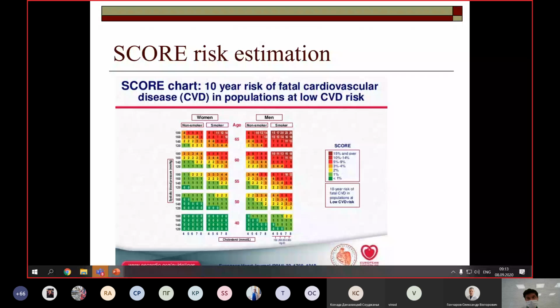Please pay attention that a patient having diabetes mellitus should never be qualified as having risk based on the SCORE system calculator.